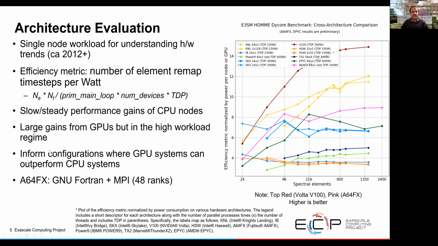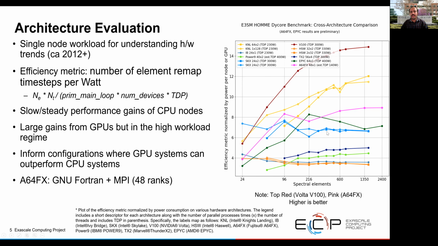The broader trends from this figure are the slow, steady performance gains from CPU nodes, like Skylake and Haswell. For the GPU nodes, you get a pretty big performance leap, but only in the high workload regime, when the number of spectral elements is quite high.